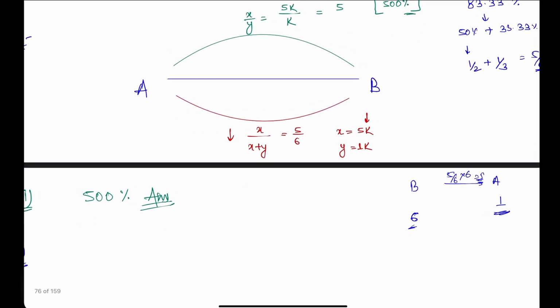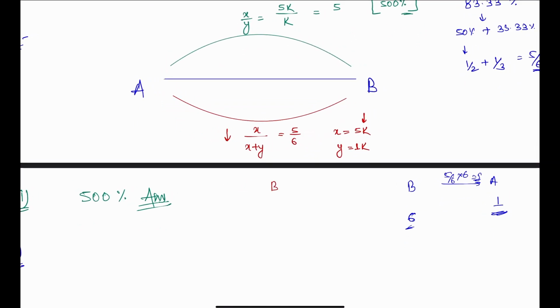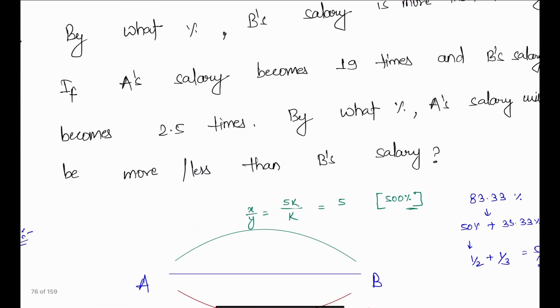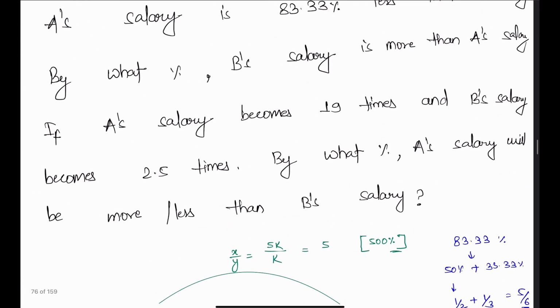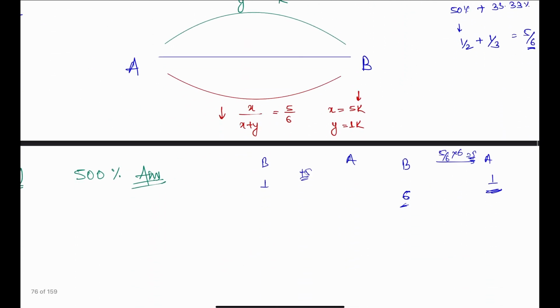Let's take two conditions. In any condition we can solve this type of question. If we take B's salary as 1 and the increase is 5 times, B's salary is more by 5 times, so we would have to remove 1 minus 6, which is not possible.